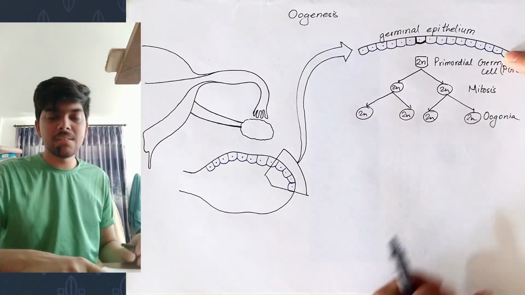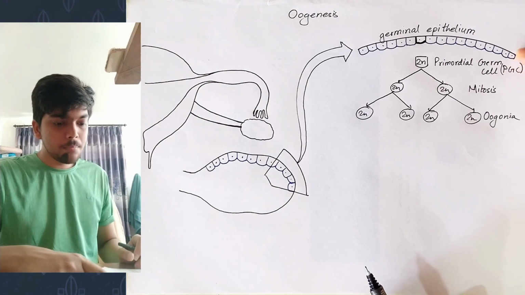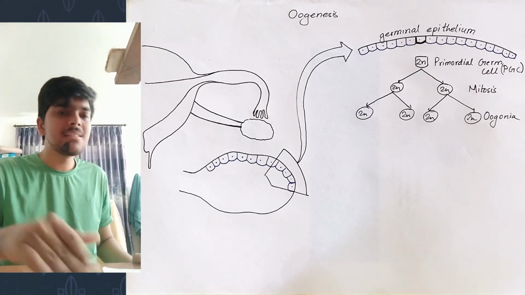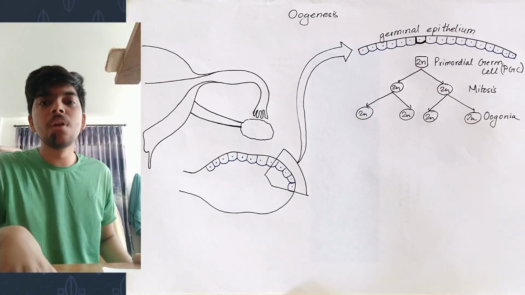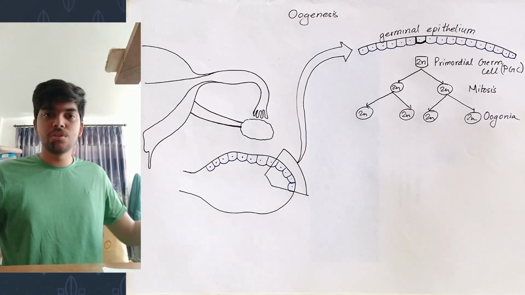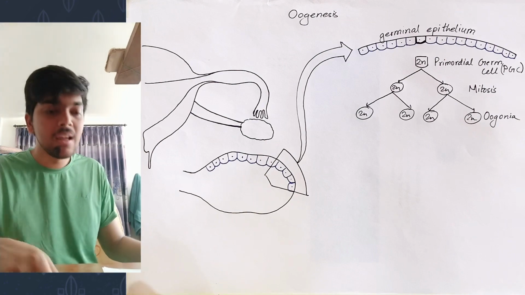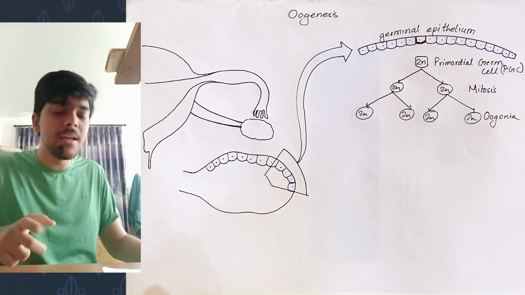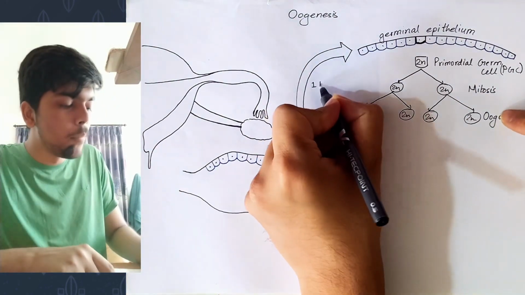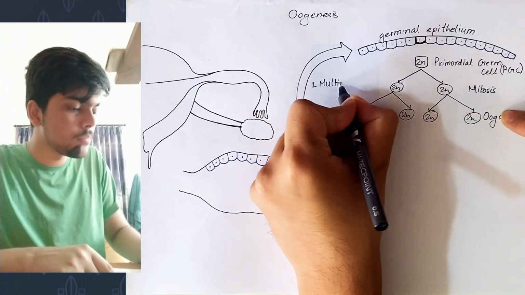In this particular step or phase, primordial germ cell has simply multiplied its number into many other germ cells. Basically, multiplication of the germ cell has occurred, and that is exactly why this phase is called multiplication phase.